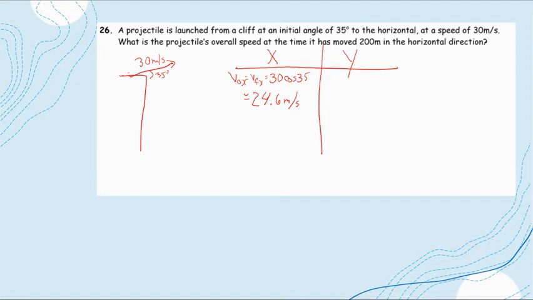And since I know my displacement is 200 meters, I can figure out my time because I know Vx is equal to x divided by time. So time is equal to x divided by Vx, which is 200 meters divided by that 24.6 meters per second, okay? And that's going to give me a value of 8.13 seconds.